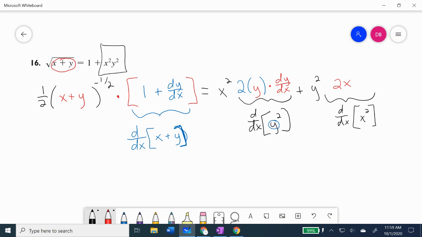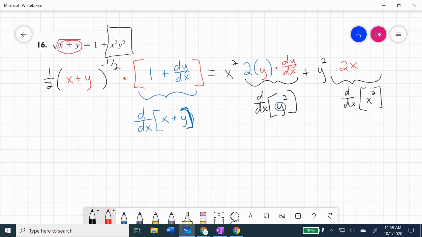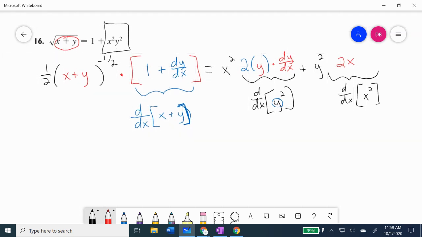Now, on these problems, I am supposed to isolate dy dx so that I can solve for it. And I'm going to have to do some simplification. I need to distribute over this addition, this multiplication. And while I'm distributing it, I'm going to realize that this is really just a big denominator. This is really just 1 over 2 times the square root of x plus y.